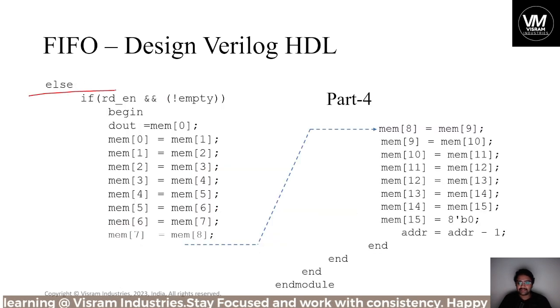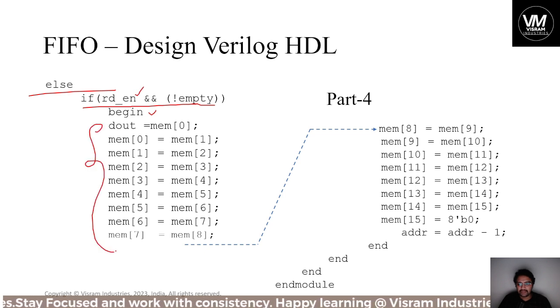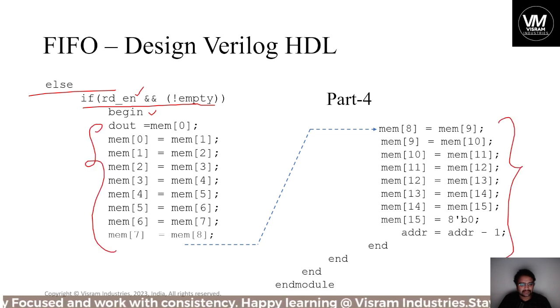Then else, if read enable and not empty, for the read process you can see it like this. Whatever the value of mem0 goes to data out, and mem0 is now empty. Mem0 can have the value of mem1.